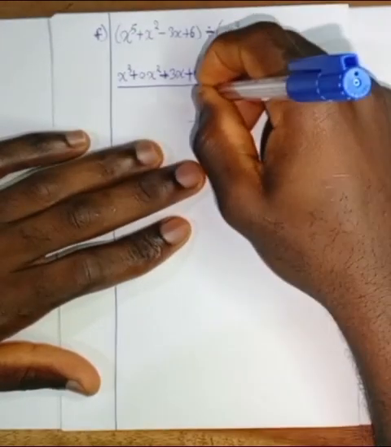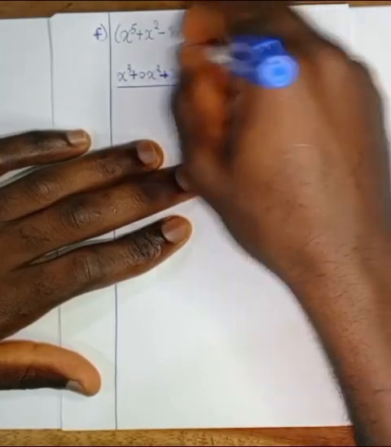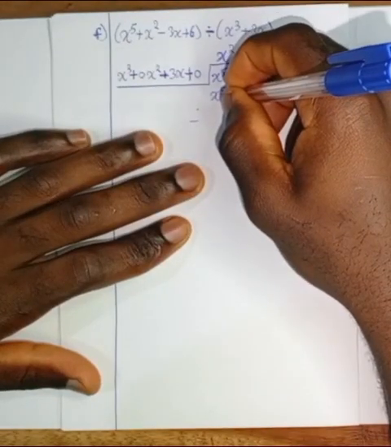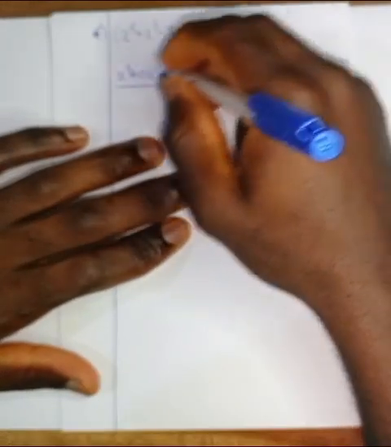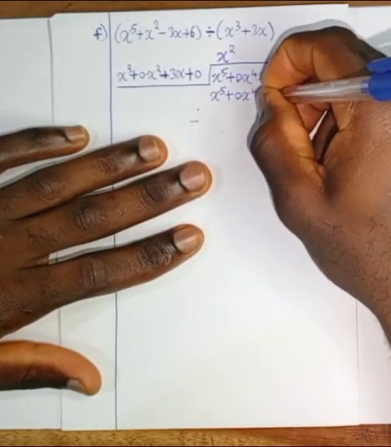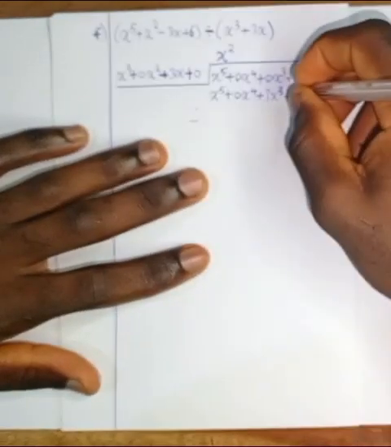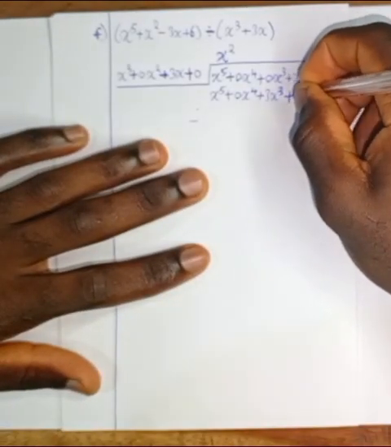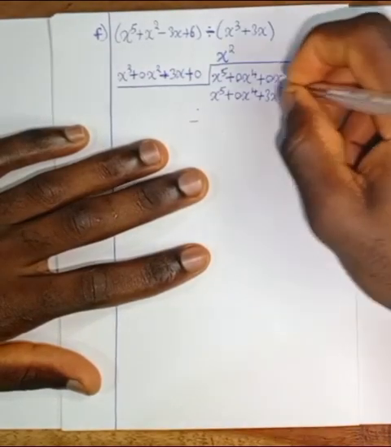X squared times x cubed gives us x to the power 5, plus x squared times 0x squared gives us 0x to the power 4. X squared times 3x gives us plus 3x cubed, plus x squared times 0x gives us 0. X squared times 0 gives us 0x squared.